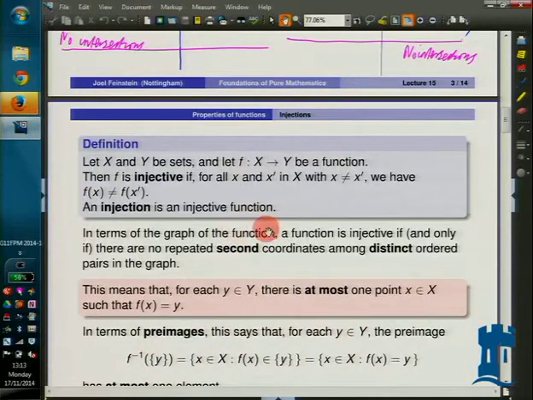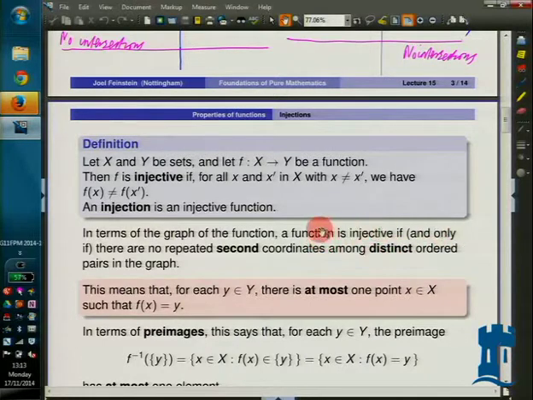In terms of the graph of the function, your function is injective if and only if there's no repeated second coordinates among distinct ordered pairs, of course. Each ordered pair in the graph only counts once, really, but, as I've said, especially on question sheet 3, it can look a bit confusing because there could be several ways of getting at each of the ordered pairs in the graph. But they only count once each.